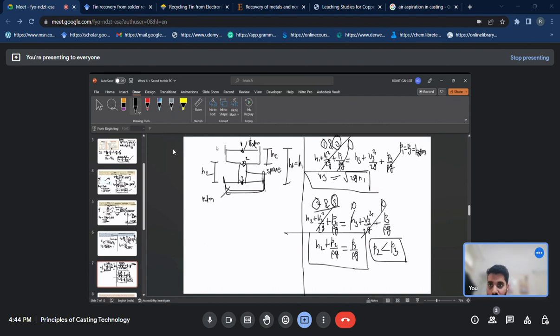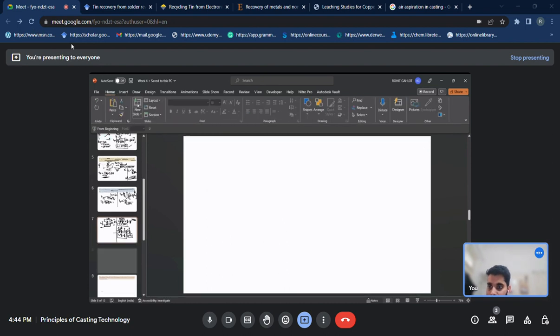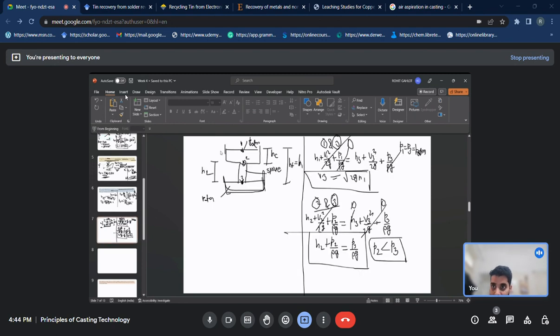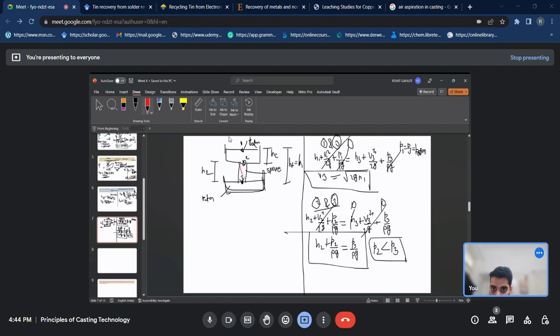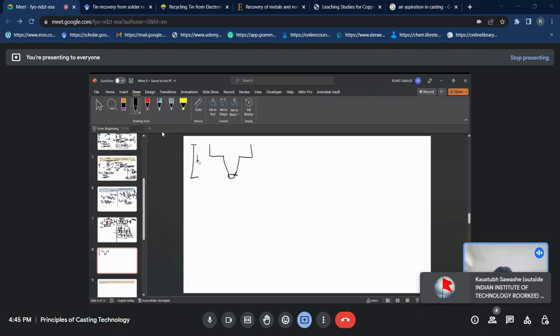So what is the general practice? The general practice is to make a taper cavity instead of a straight cavity, to avoid this.